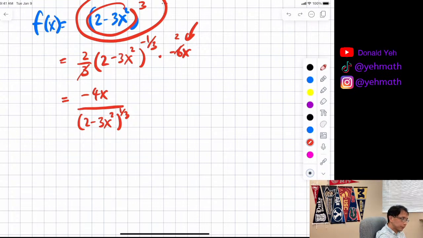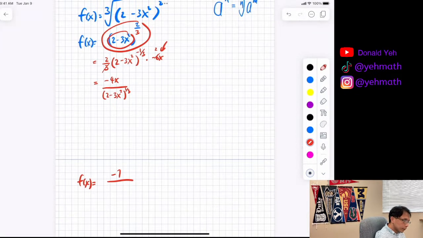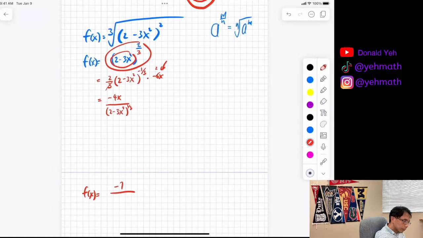Okay, so the next question is this one. Wait, can I see the steps from the left?